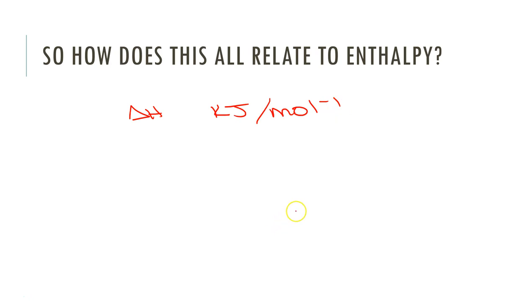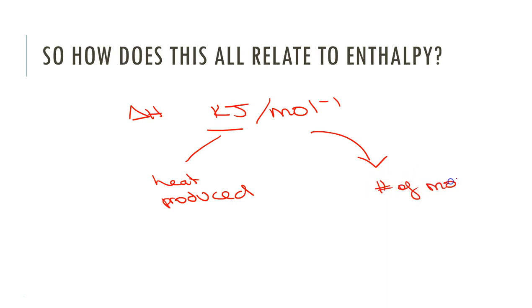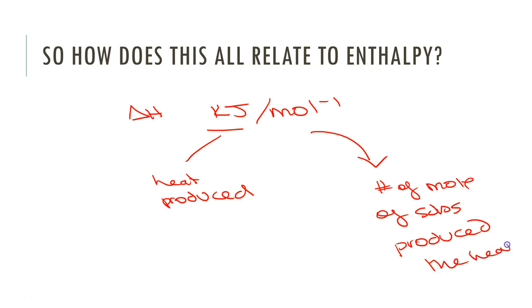Okay, which means that in that case, when we work out enthalpy, we need to know the amount of energy, so we find the heat that was produced by the reaction, and then we're going to divide it by the number of moles of substance that produced that heat. Okay, and we will look at that in some of our next calculations in the next video.